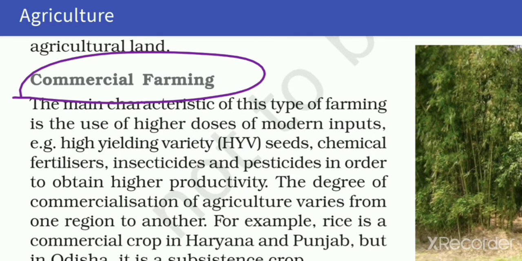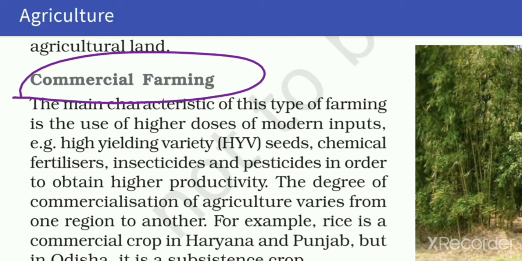That is why the farmers use higher doses of modern inputs like high yielding variety seeds, chemical fertilizers, pesticides, insecticides. Apart from that, the farmers also manage better irrigation facilities with the help of pumps. Thereafter, in order to obtain higher productivity, the farmers usually use all these modern inputs.